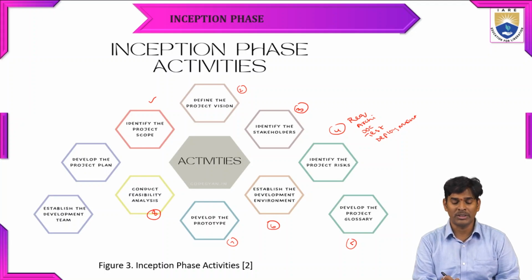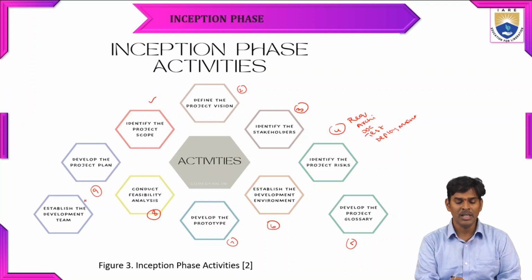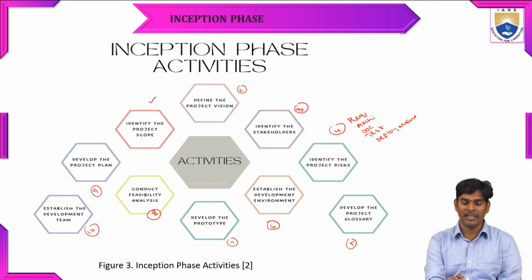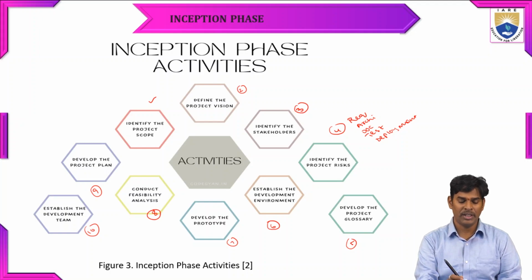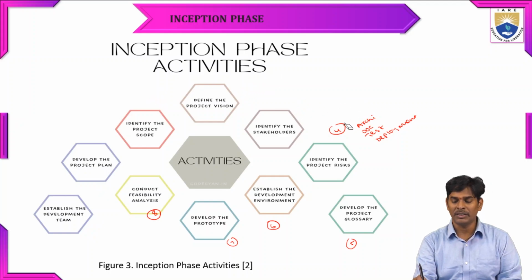After developing the prototype, we need to have the feasibility analysis, and here develop the project plan. Okay, and finally establish the development team. After completion of everything, we need to check each and every phase, who is the effective one to do the software project.